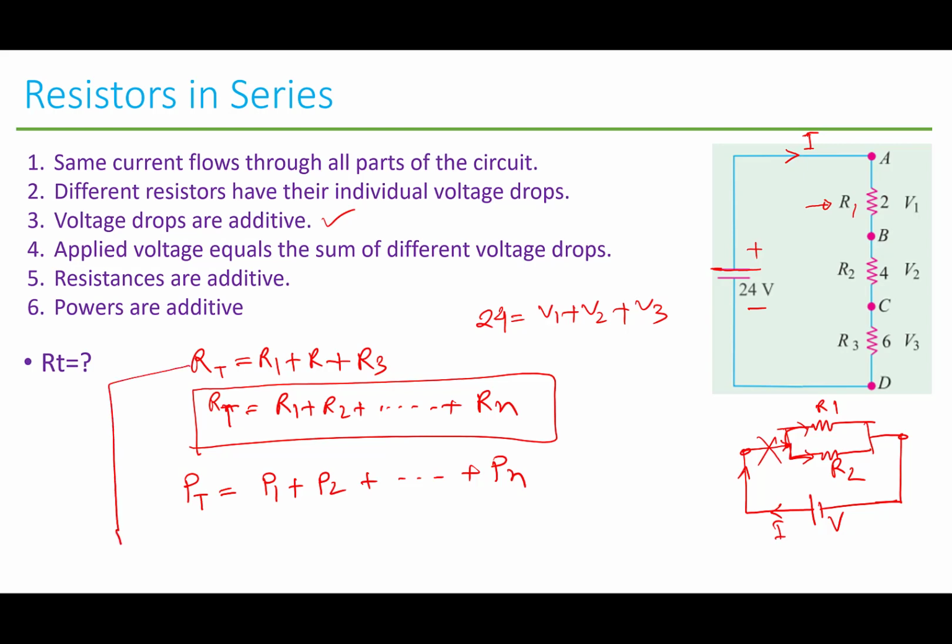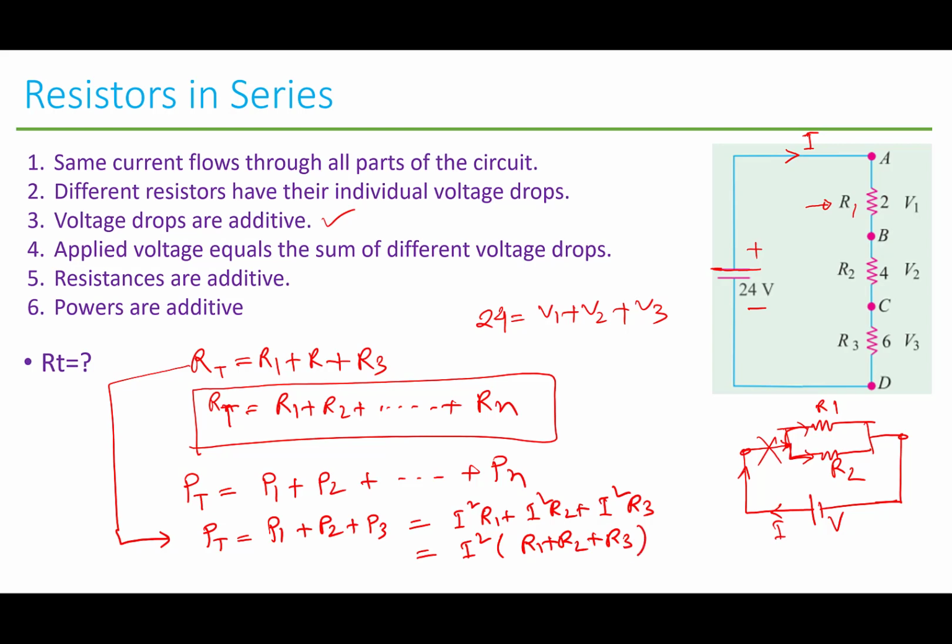If we think about only this one, PT will be equal to P1 plus P2 plus P3, which can be I squared R1 plus I squared R2 plus I squared R3, which is equal to I squared times R1 plus R2 plus R3. Okay, now PT is equal to I squared RT.